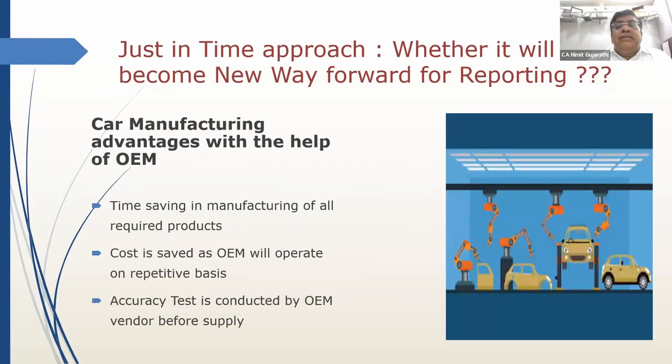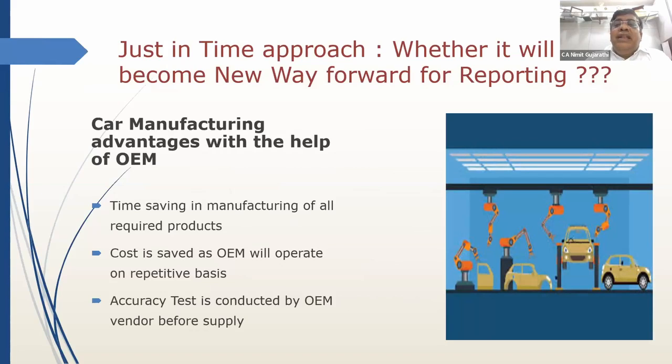So this is just the presentation, the brief of just in time: saving in manufacturing, cost is saved, and accuracy is achieved. See, ultimately, the customer or the client will go by the brand. So they will go by the certifying authority. It is the certifying authority's responsibility to give the accurate report.